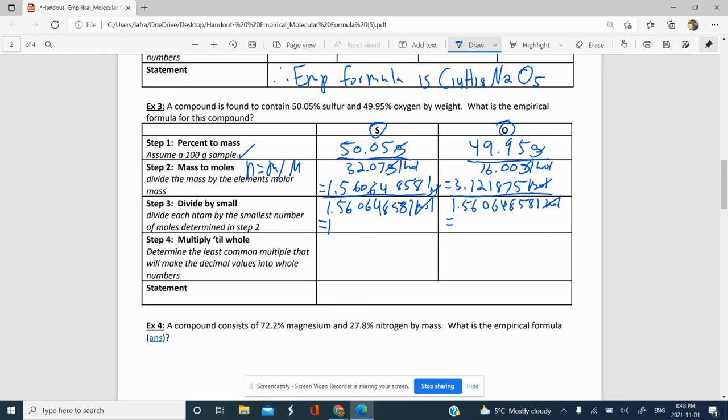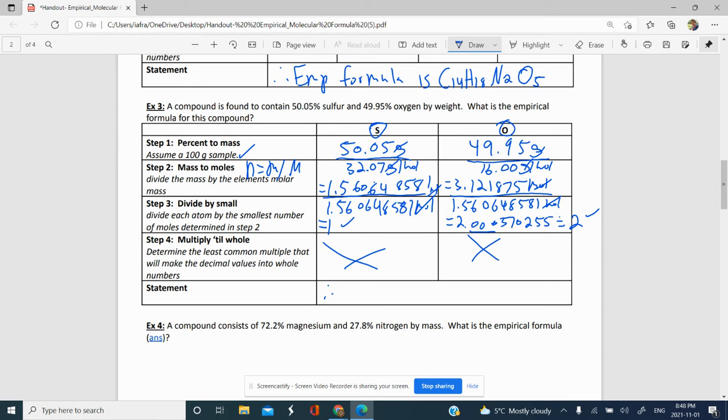And so we get 3.121875 divided by that answer, 2.000370255, which we can round. That's great. We can round this time to 2. So there's no need to multiply till whole because everything's already whole, 1 and 2.